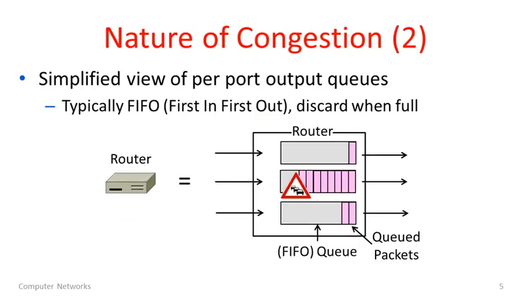In this picture, there's a simplified view of the internal structure of routers that will be sufficient for our purposes. We can just imagine it as though every output line, every output port has its own queue. So you can see here there are 3 different queues inside the router by the output ports to handle traffic.